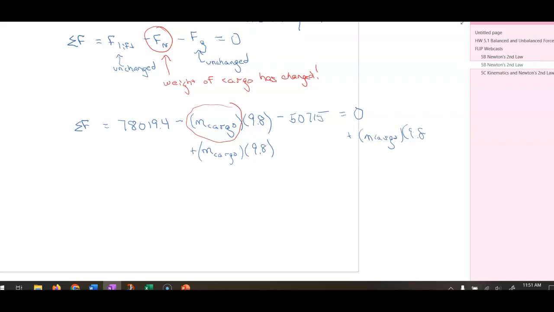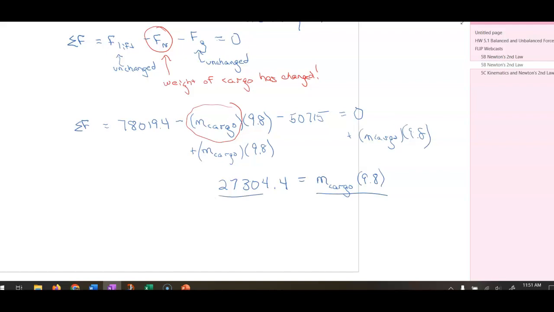Okay, so then I have 78,019.4 minus 50,715. On this side, I have 27,304.4. And then on the other side, I have the mass of the cargo multiplied by 9.8.